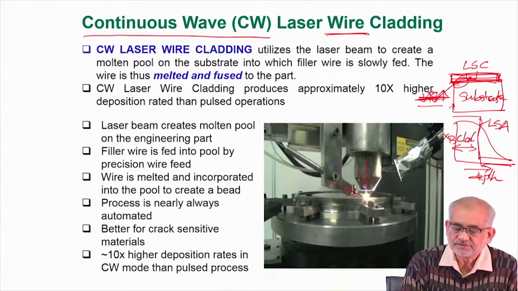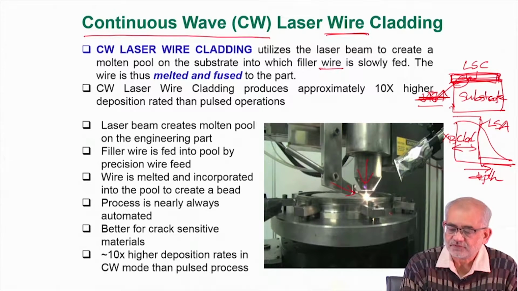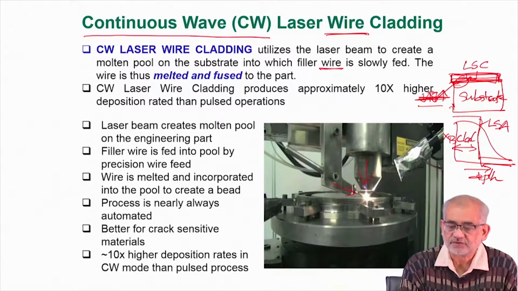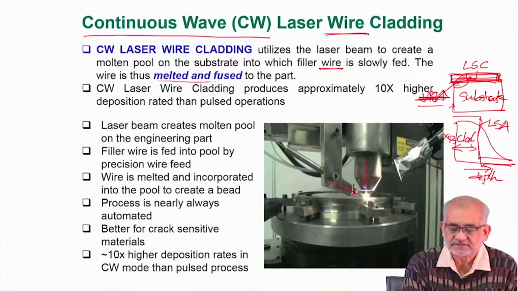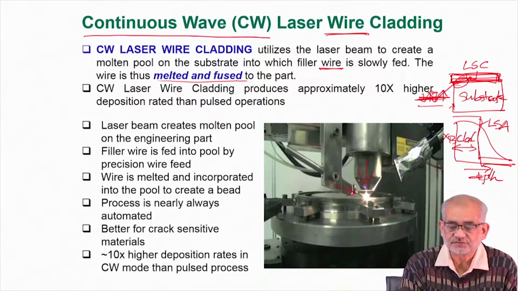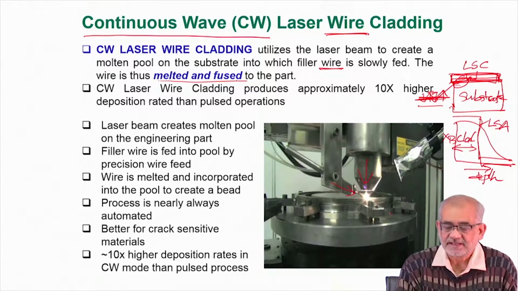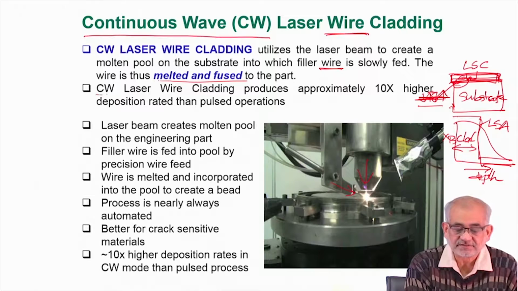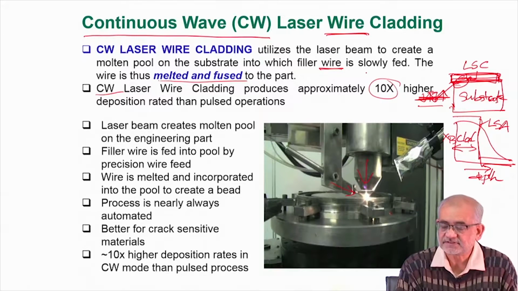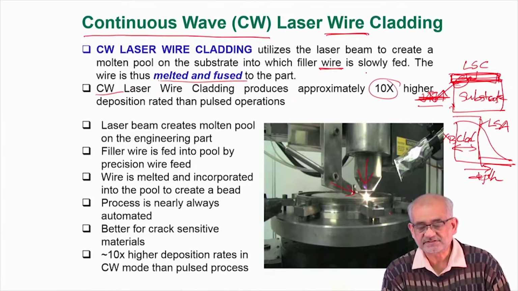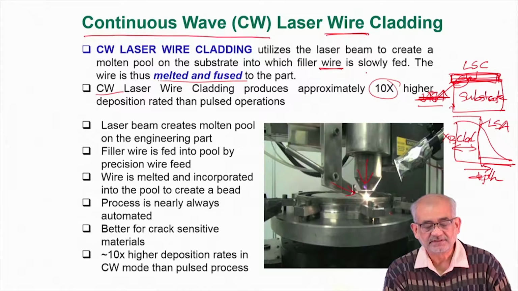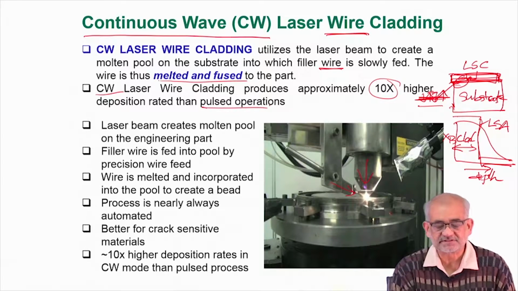So we can feed in the form of a wire or rod or some other form, and we expect that feed to be melted and fused to the underlying substrate. Since this is a continuous wave process, we can expect a much thicker and much faster process of cladding than what is possible in pulse deposition.